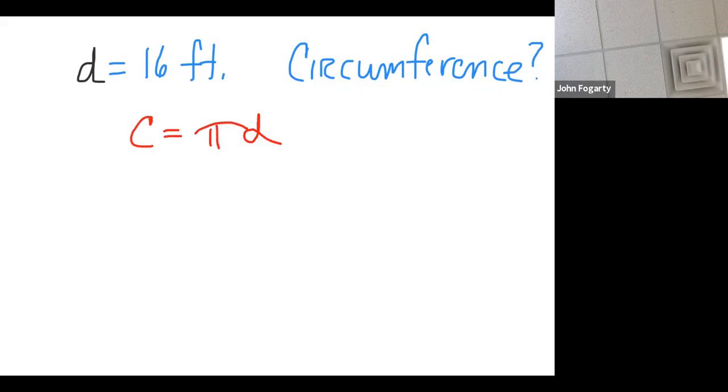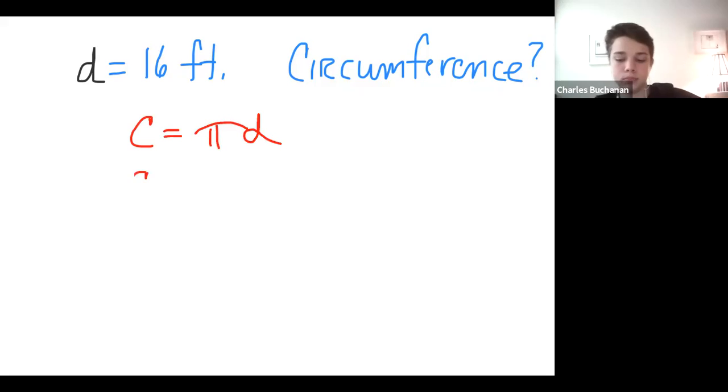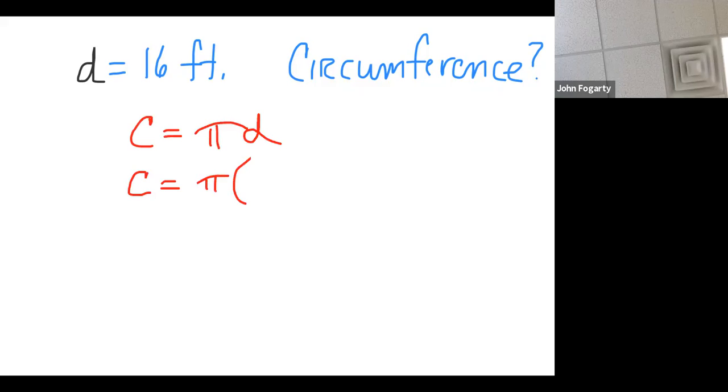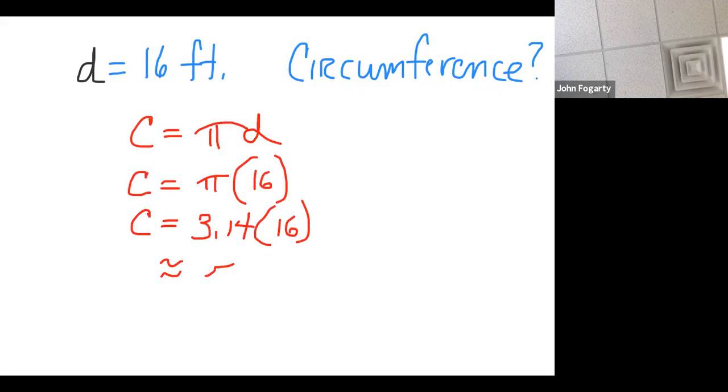So if I just take the data, they told me d. So I'm going to substitute what? 16 where I see d. And then I'm going to change pi to 3.14. I whip out the old calculator, and I should get something that says 50.27 feet. So the circumference would be about 50.27 feet.